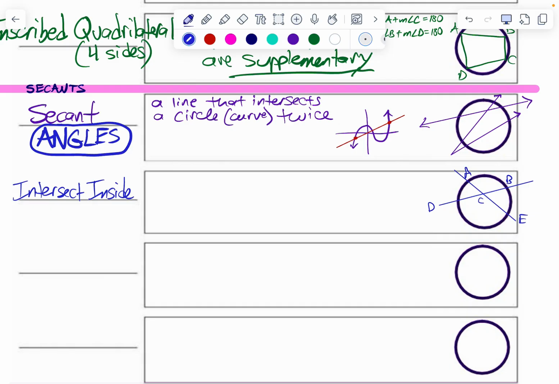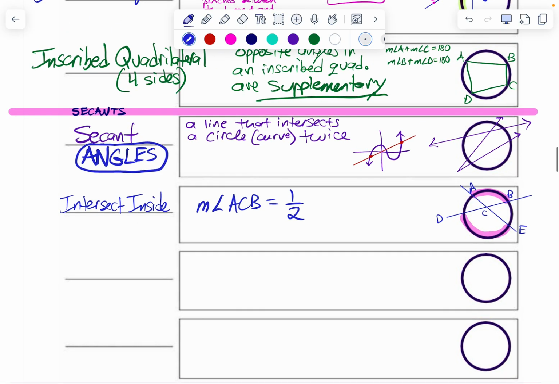Okay. Here's our relationship for this kind. Actually, before we do that, let's highlight 2 arcs. I'm going to go with those. We could also do the left and right angles as well. But we're going to use this one, measure of angle ACB. Okay, here's the familiar part, or at least somewhat: it's half, just like an inscribed angle.